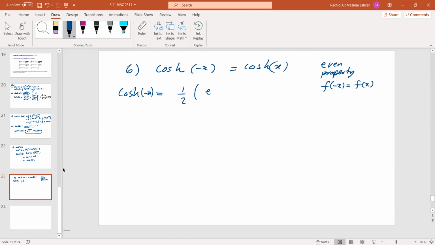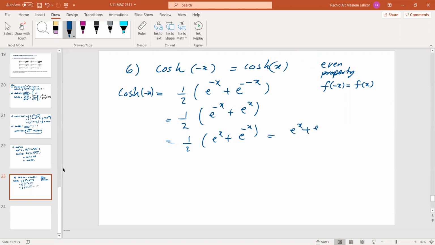We apply these in the formula. The other one comes with minus, so minus negative x, and that's a positive. That's exactly the same as this, or the other formula that is written on top. Either way, that's the same thing. So yes, that's the hyperbolic cosine of x. That's all.